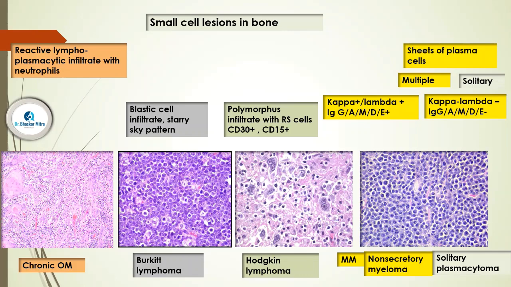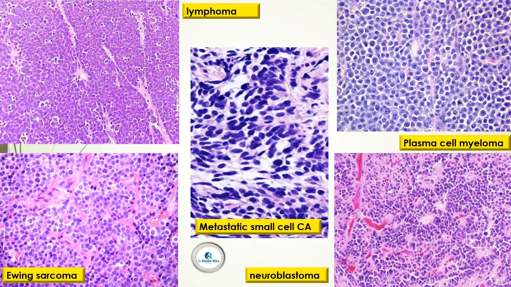And regarding myeloma, there is a non-secretory myeloma which doesn't secrete immunoglobulin, so there is an increase in plasma cells which show typical monoclonality or kappa or lambda restriction.